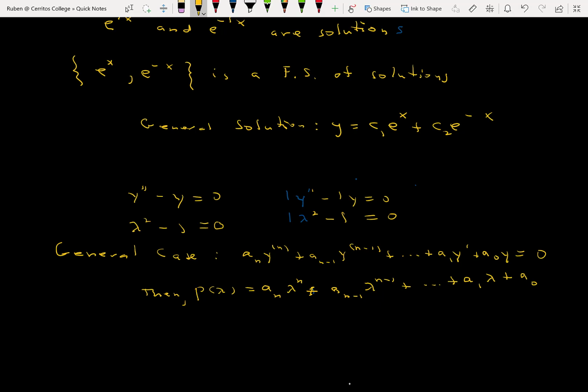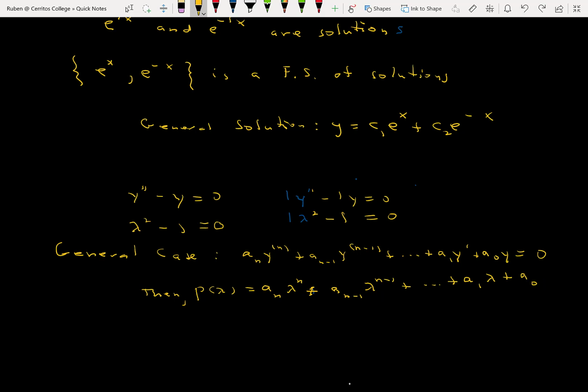The order of derivative, if you will, in this last term is 0. So lambda to the 0 is 1, so you could really consider this as times lambda to the 0, or 1, equals 0. But we really don't need to write that out in our auxiliary polynomial.